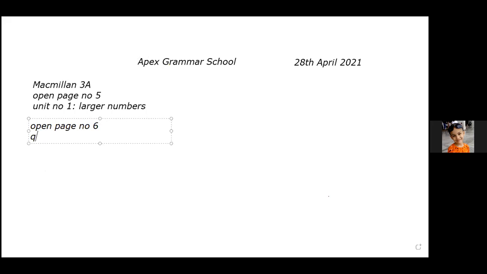On page number 6, we are starting from question number 1. In question number 1, they say write the missing greater or less sign by using these two signs for each pair of numbers.